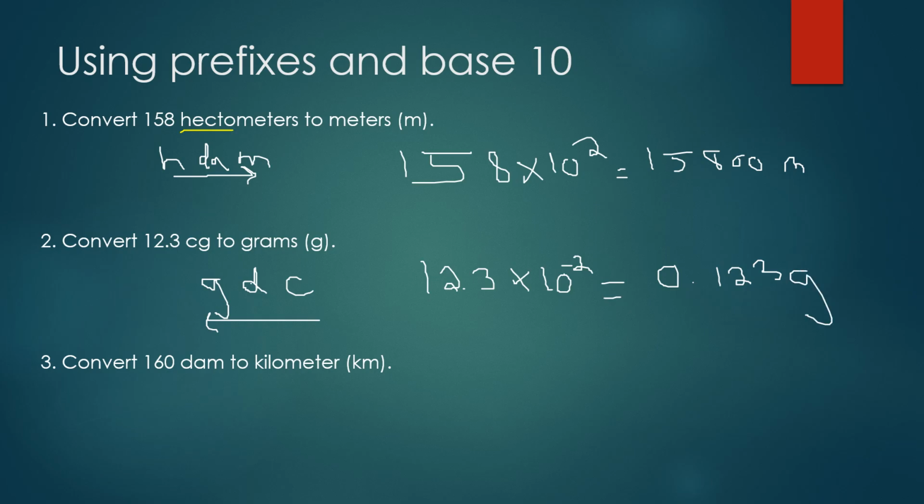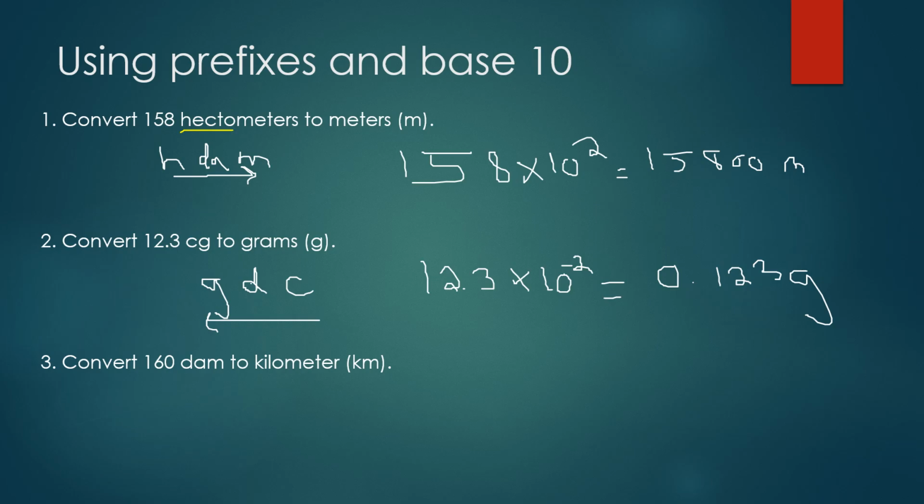Again, since there are 100 centigrams in a gram, it makes sense that there are fewer grams in terms of numerical value than there would be with the centigrams. But please note that these measurements, the 12.3 centigram and the 0.123 gram, are the same amount, just represented differently.